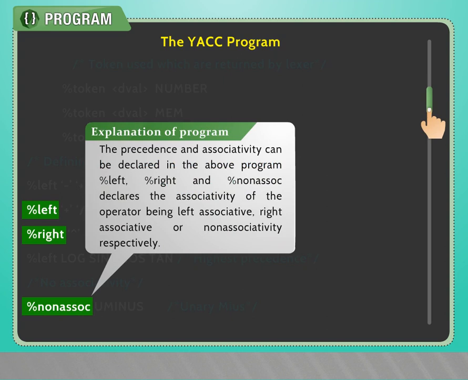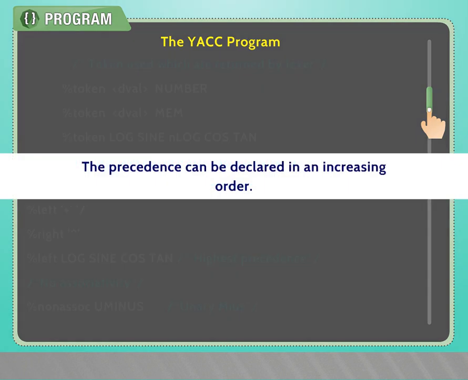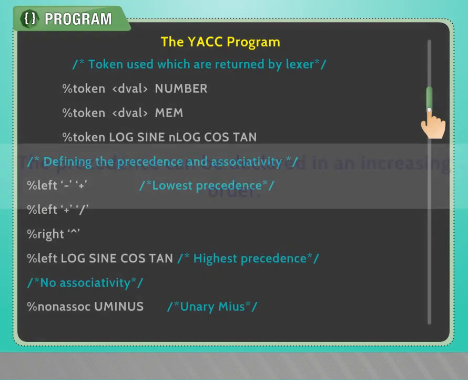The precedence and associativity can be declared in the above program. %left, %right, and %nonassoc declare the associativity of the operator as left associative, right associative, or non-associative respectively. The precedence is declared in increasing order.